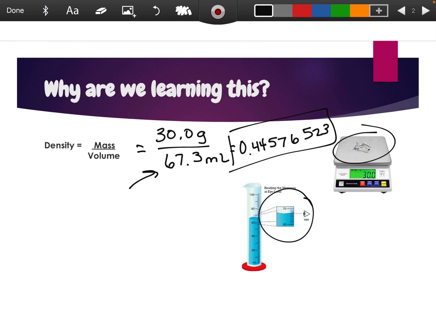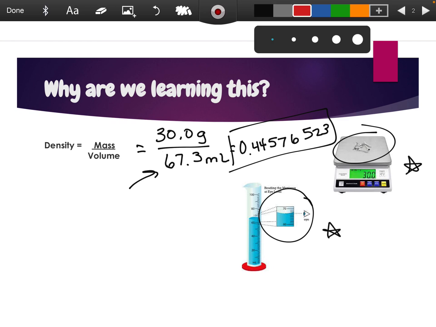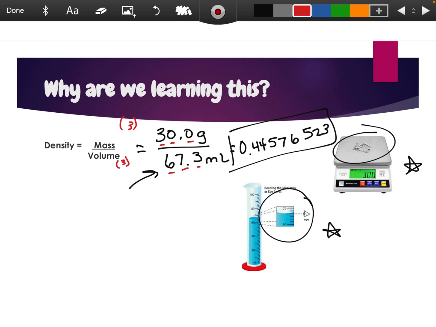We have to round our answer to show that we used this scale and this graduated cylinder. When you divide, you have to use the number of sig figs. Our first measurement, 30.0, has 3 sig figs, so I'm just going to put a 3 over here in parentheses. And 67.3 also has 3 sig figs. So our answer needs to be rounded off to 3 sig figs.